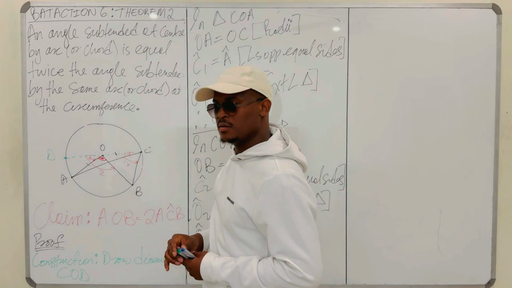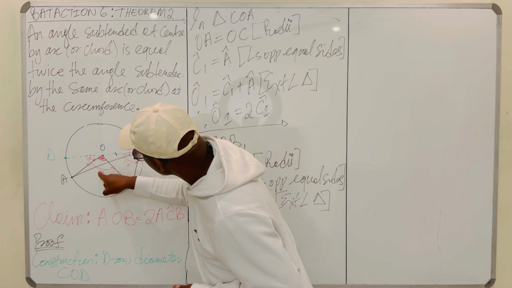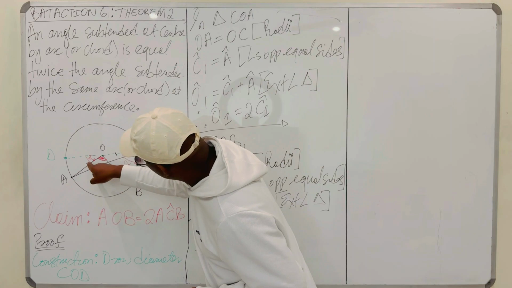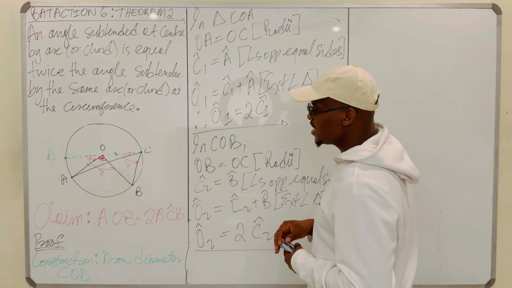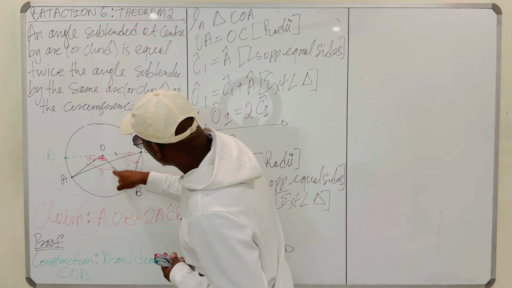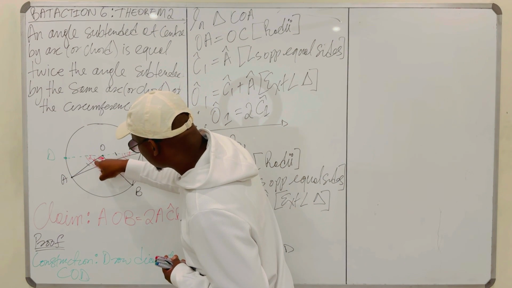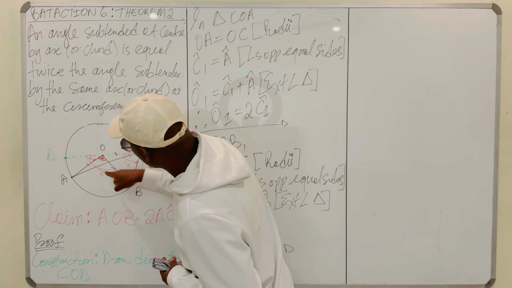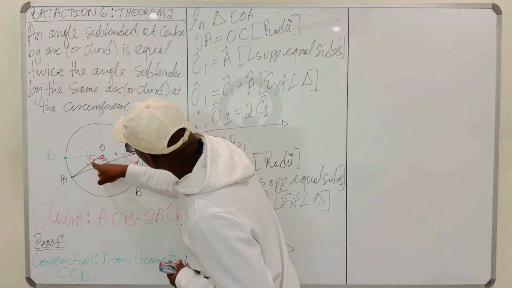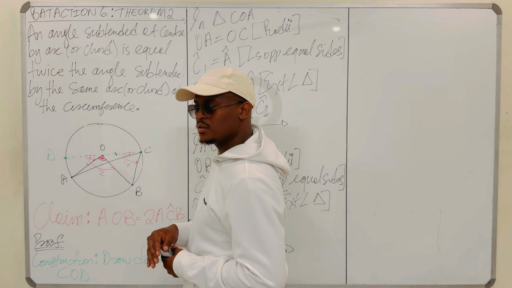From this entire angle, remove the part that you don't want, which is O1, so that we're left with the shaded part.